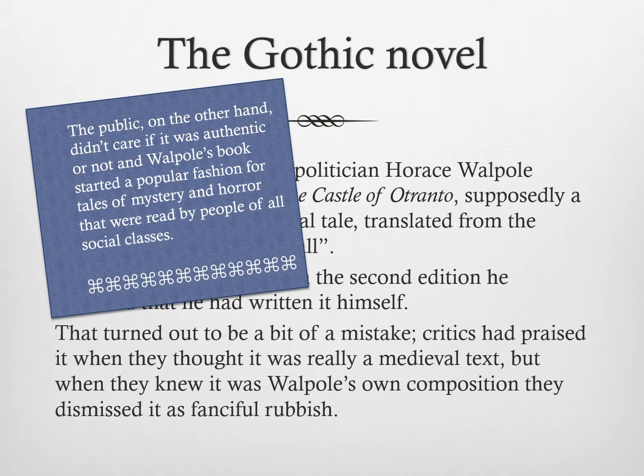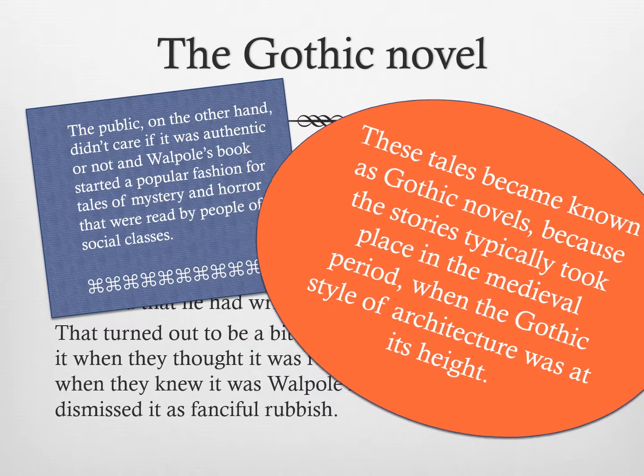So people didn't really care what the critics said, and a popular fashion got started, a fashion for mystery and horror, many of them going back to the Middle Ages, but some of them also going to places that were far away, mysterious places in the Middle East or China, and they had a mysterious atmosphere.